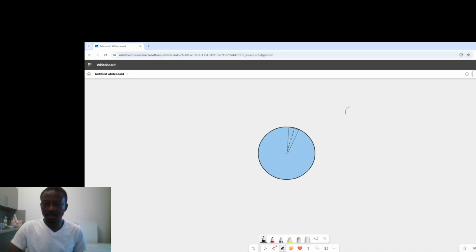Yeah, these are the parameters of the circle. The circumference is 22 centimeters.